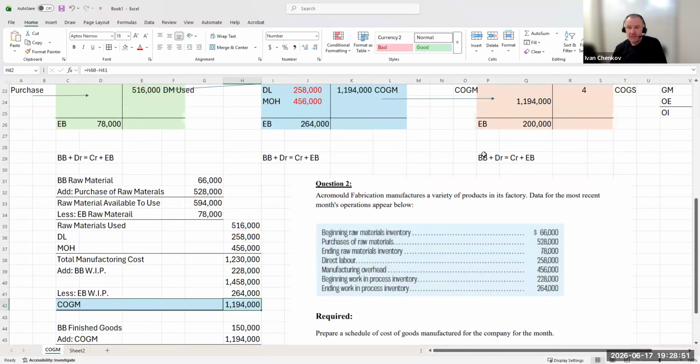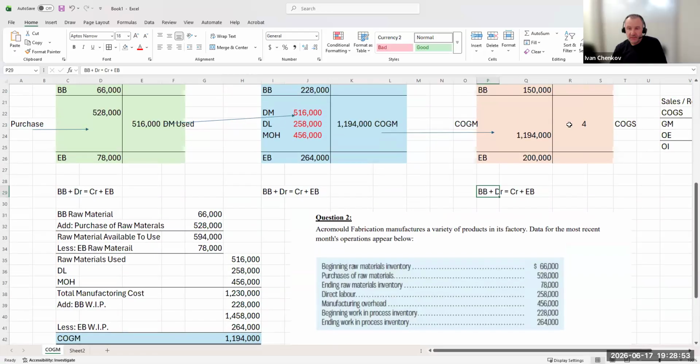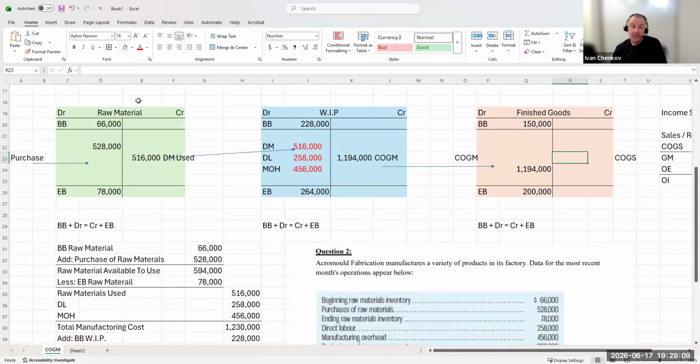Again, what you're chasing is the credit on the credit side of the balance sheet account that has a normal debit balance. Why is that? Because in a manufacturing company we always have three inventory accounts: raw material, work in process, and finished goods. Cost of goods sold comes from the finished goods.